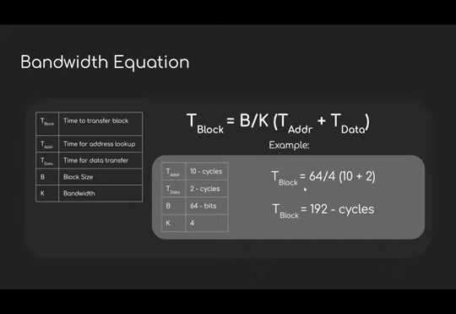And if we have a simple example down here where we have a block size of 64 bits, we have a bandwidth optimization of 4. We get 64 divided by 4 multiplied by 10, which is our time for address, plus 2, which is our time for data. And we get that T block would be equal to 192 CPU cycles.